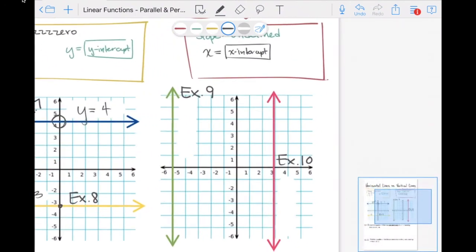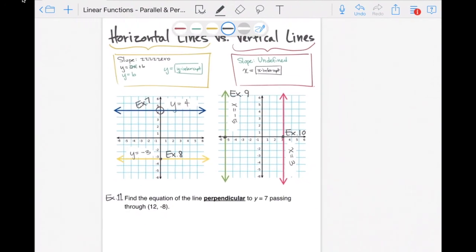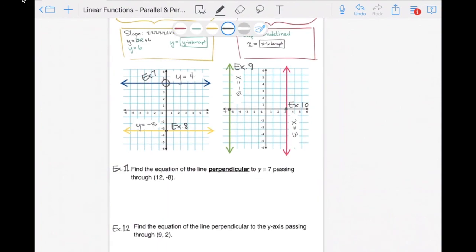For these 2 vertical lines, our equation is going to be x is equal to whatever the x-intercept is. Here's our x-intercept, so -5. And finally, that pink line is vertical, so our slope will be undefined. Our equation will be x is equal to the x-intercept, and the x-intercept there is +3. So make sure you're comfortable writing the equations of those horizontal and vertical lines.